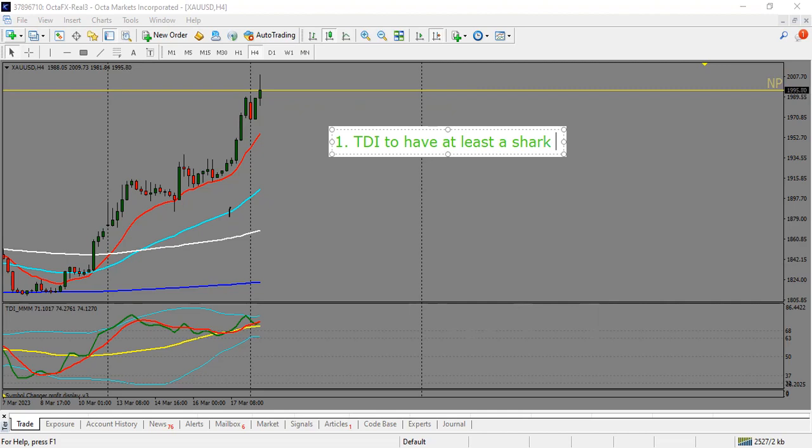A shark fin on H4. I will explain what the shark fin is again, right?